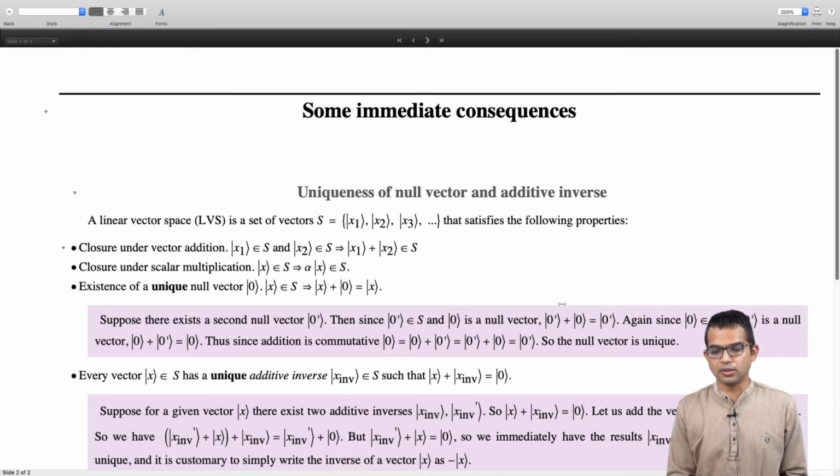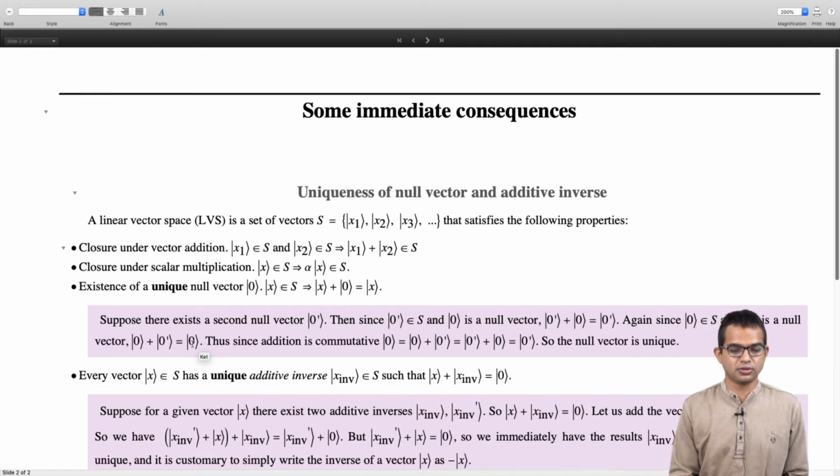So 0 prime is this vector from this space and it has remained unchanged when you have added the null vector to it. But on the other hand, 0 itself is an element of this vector space and 0 prime is a null vector. So if you add the null vector to any element of this space, 0 plus 0 prime, you must get back the same vector that you started with, which is 0.